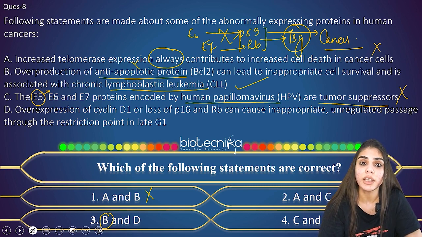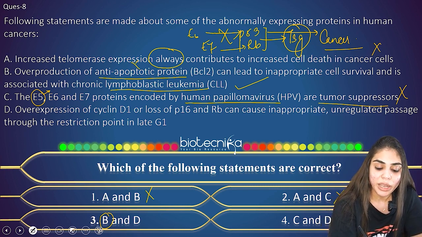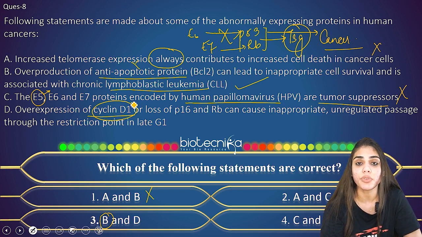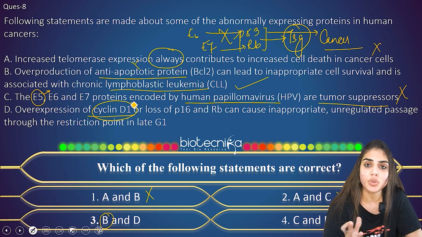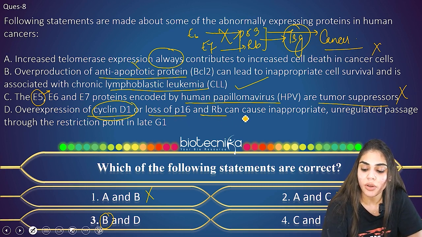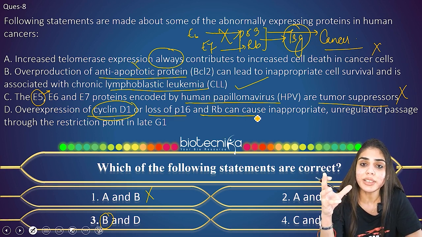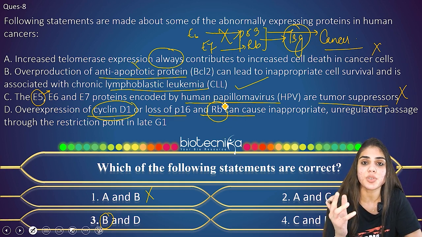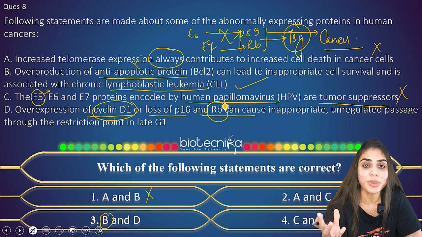Still we'll see the last statement. Overexpression of cyclin D. You know, cyclin D is responsible for the maintenance of any cell in the G1 phase, or loss of p16 or retinoblastoma. So whenever cyclin D1 is expressed, it will always cause the phosphorylation of RB. This is the RB protein that is responsible for tumor suppression.